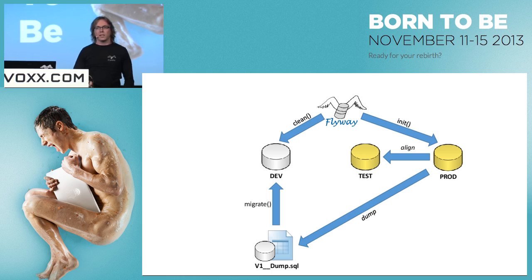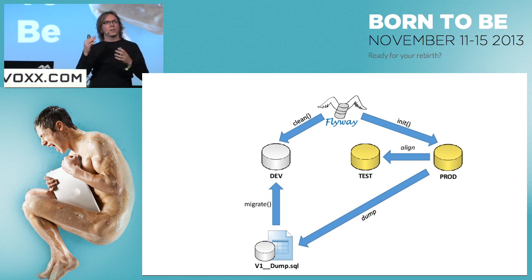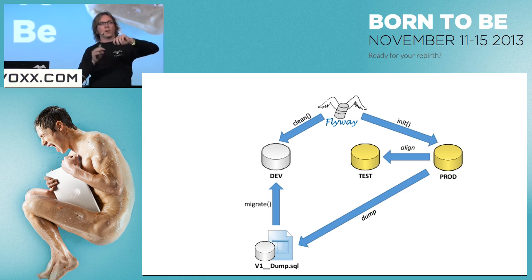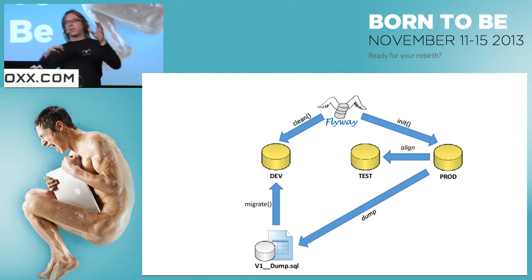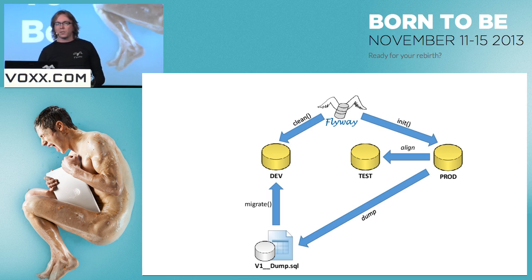We then call clean on the development database, so it's totally empty. And we call migrate with Flyway, and we pass it the dump. Flyway is able to parse proprietary formats, so that's not a problem. If you use MySQL dump, for example, it knows about all the special constructs there, or about Oracle packages and more advanced types of database-specific dialects.